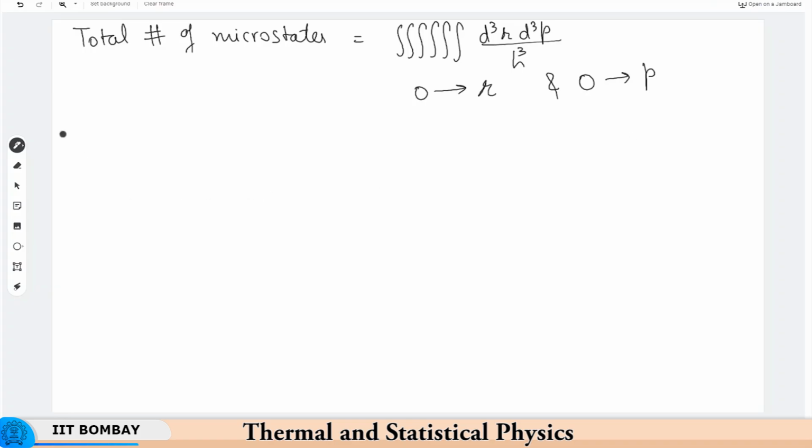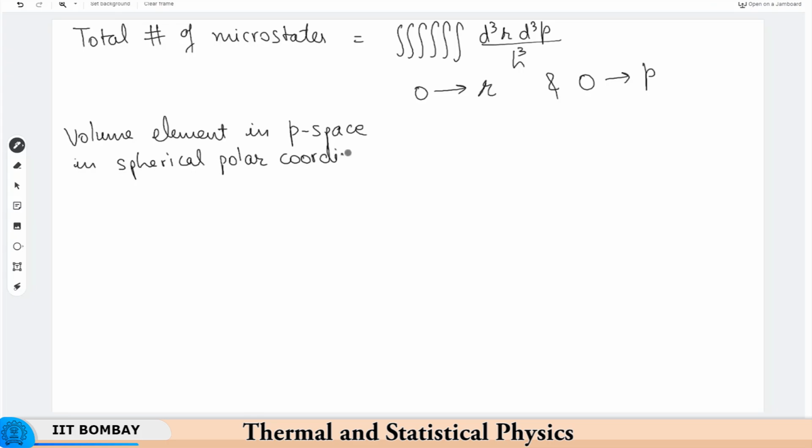So, therefore, the volume element in p space in spherical polar coordinates, that would essentially be d cube p, which is p squared sin theta d theta d phi and dp, right.